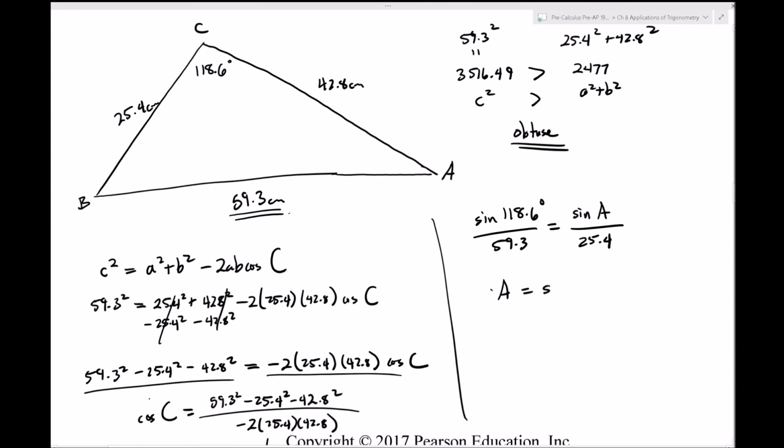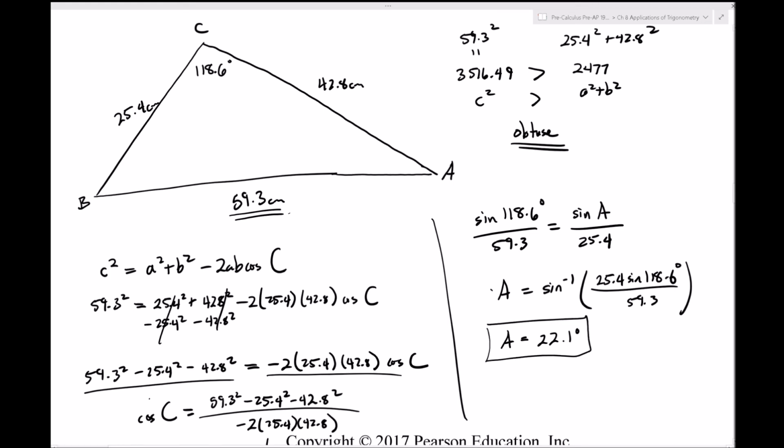A is equal to inverse sine of 25.4 sine of 118.6 divided by 59.3. If you do this on your calculator, working in degrees, 22.1 roughly, rounded to the nearest tenth of a degree.